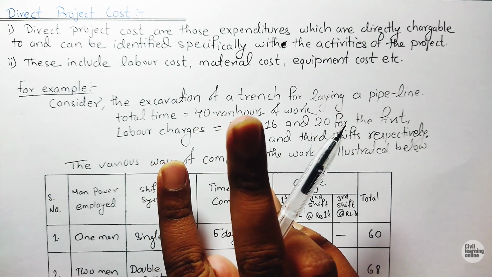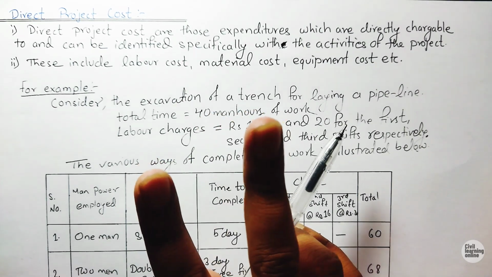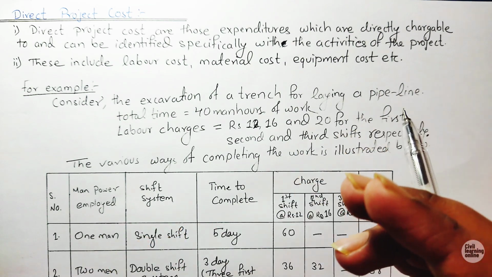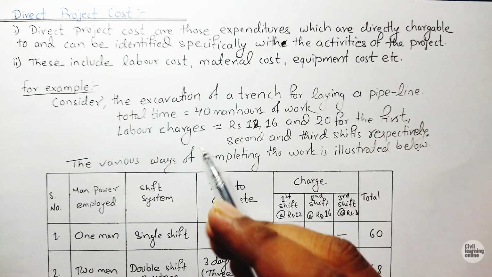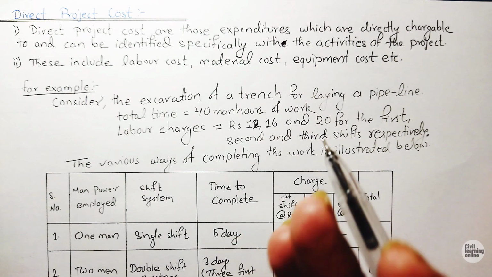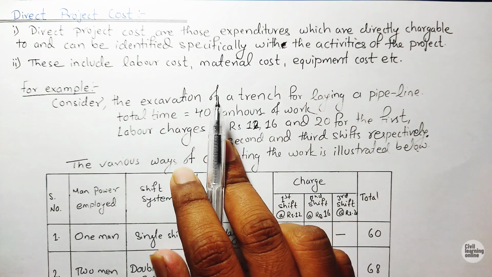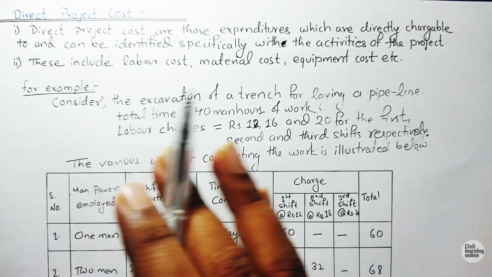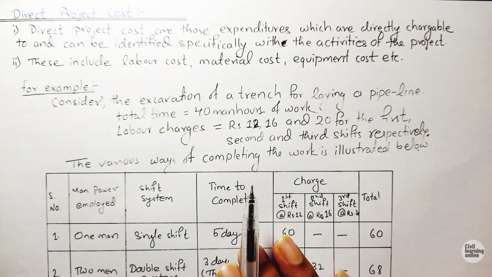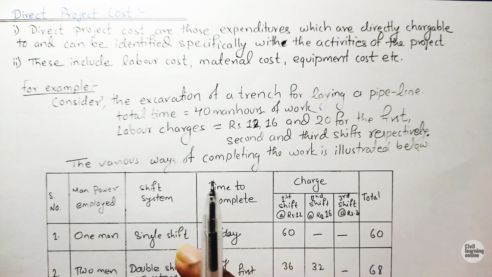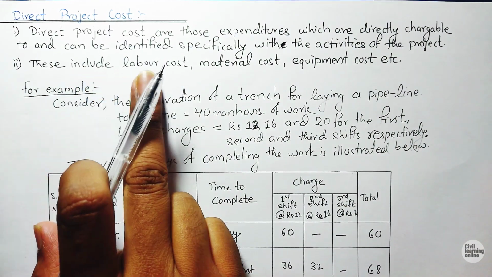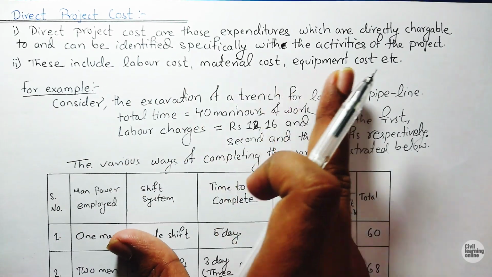Indirect project cost is that cost which we cannot assess directly, so we have to consider it as a whole. It includes different kinds of cost like overhead, supervision, and expenditure on a central store. But direct cost can be assessed directly. Examples of direct cost include labor cost, material cost, and equipment cost.